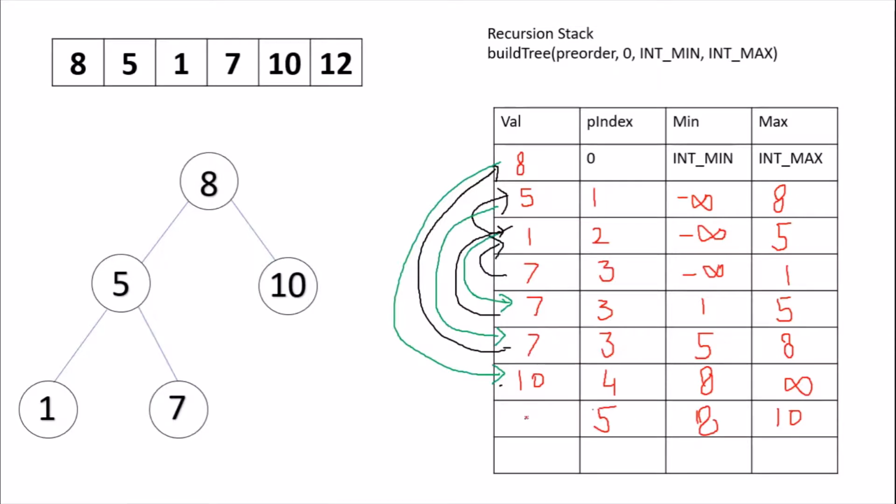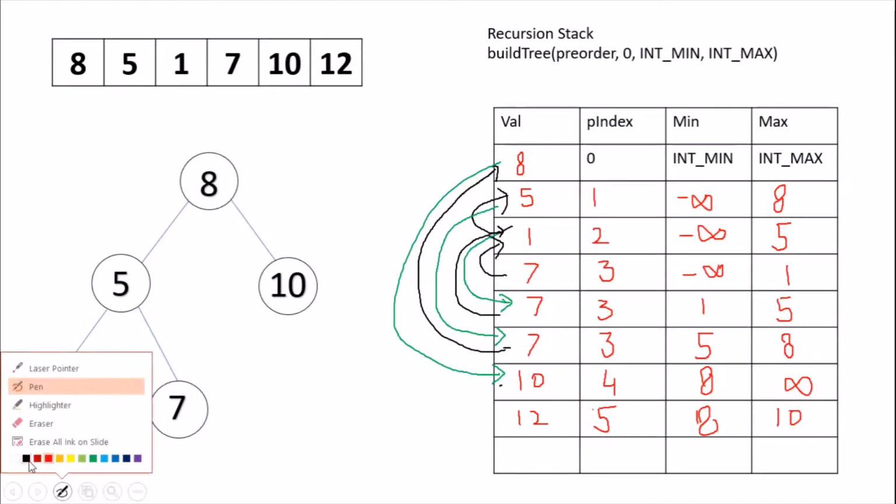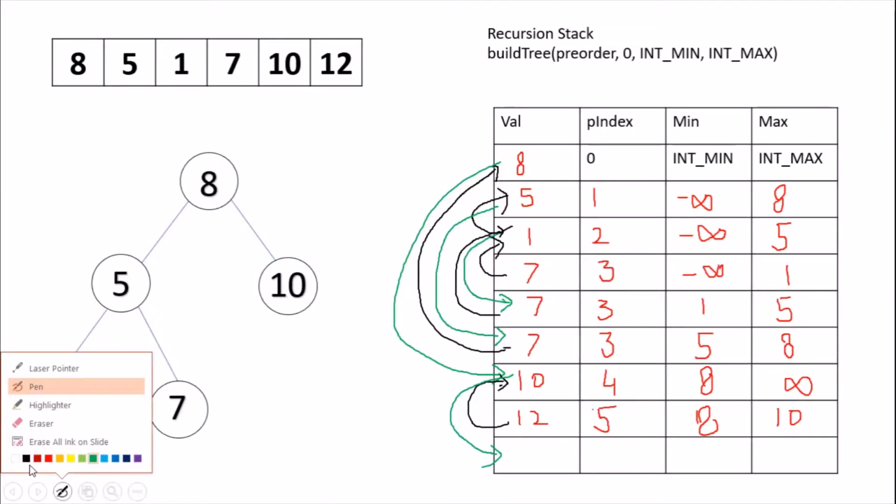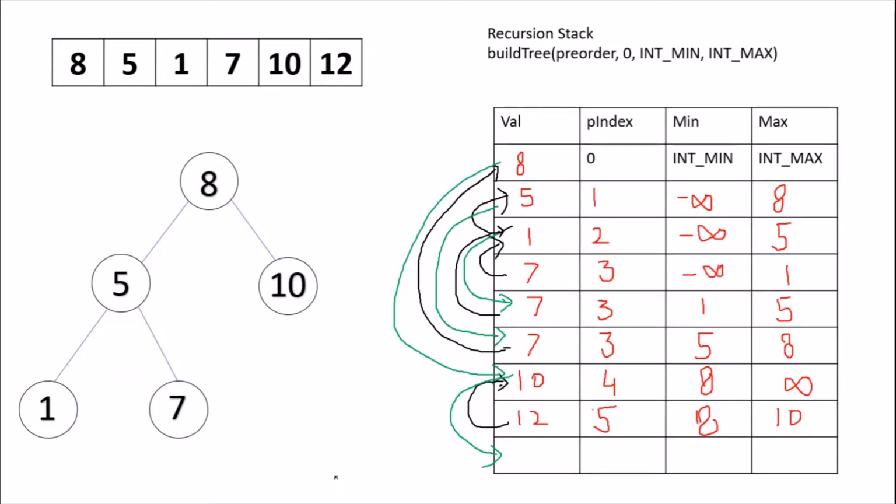So what's the value? The value is 12. Now we check if 12 is in this range. No, it is not. Then it will return simply to this call, and this call will resume its function for its right child. Now the p index is 5 and it's the right call.